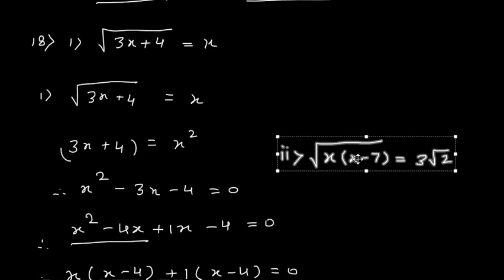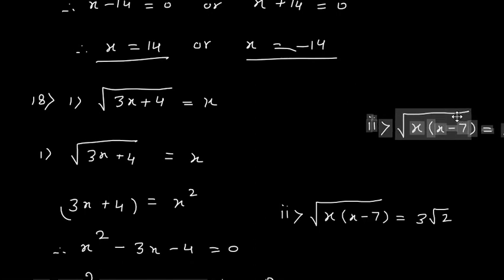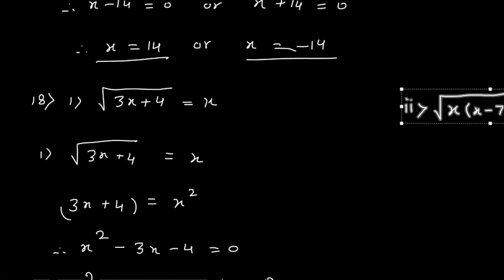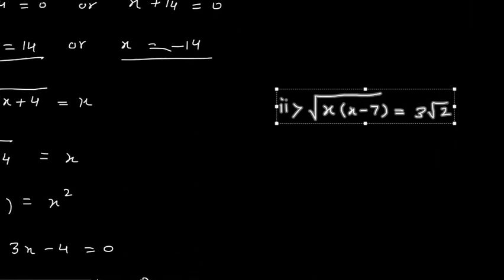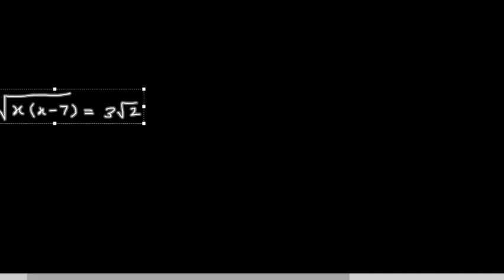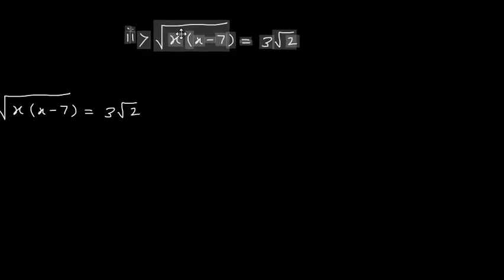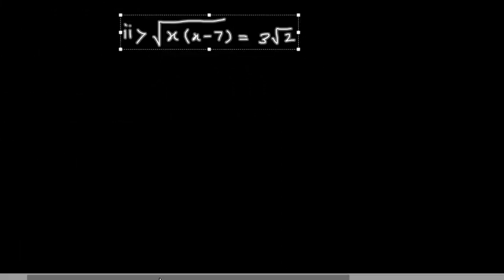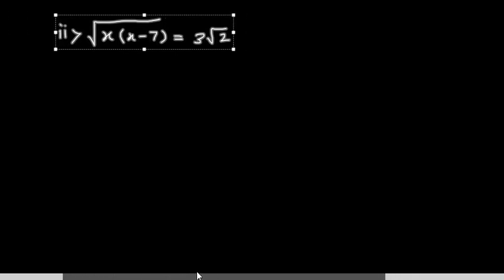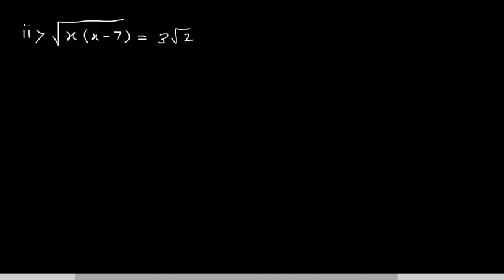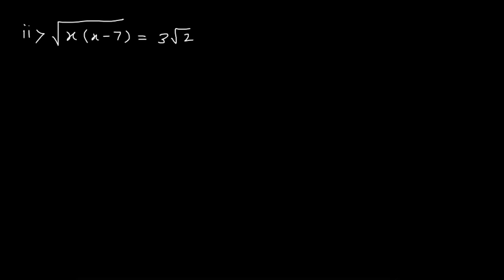Now this second question. Let us move a little right and let us solve this problem here. Here also what we do is first square on both the sides. So we write square on both sides.